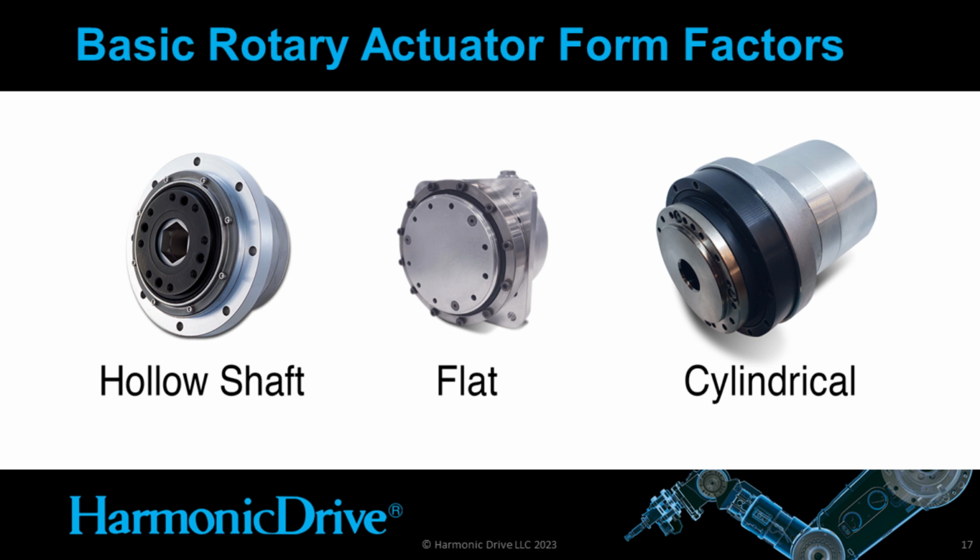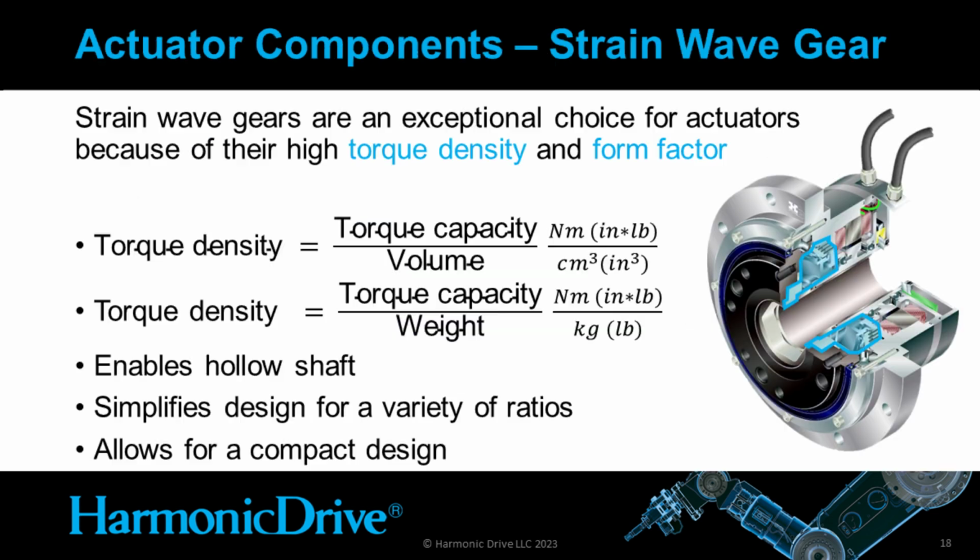This could be described as a diameter that is wider than the length of the actuator. And on the right side, we have a cylindrical actuator, which also has a hollow shaft. And the diameter in this case is smaller than the overall length. There are other form factors, such as right angle, but I don't have pictures of those to share.